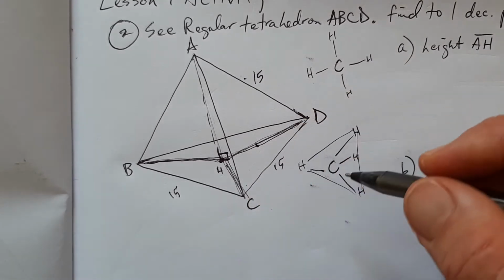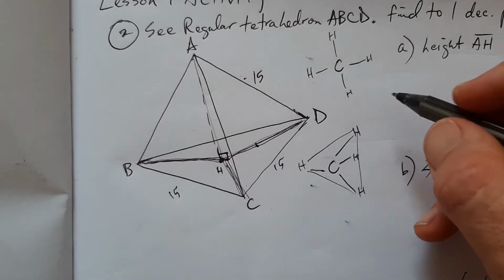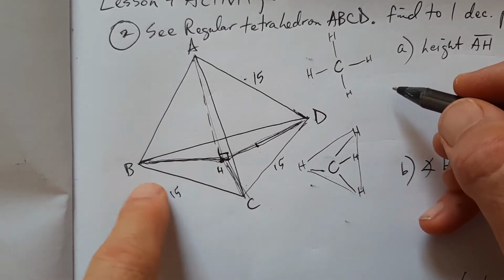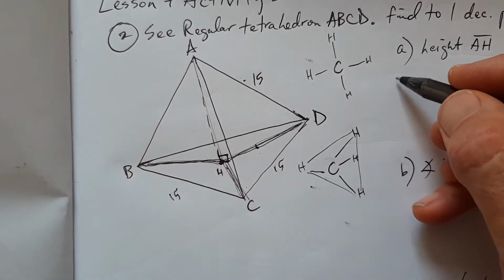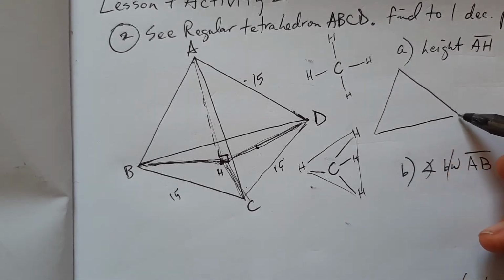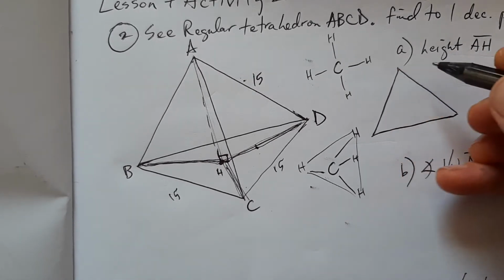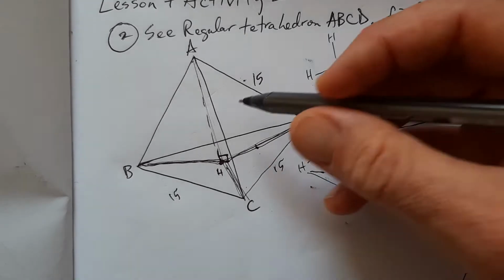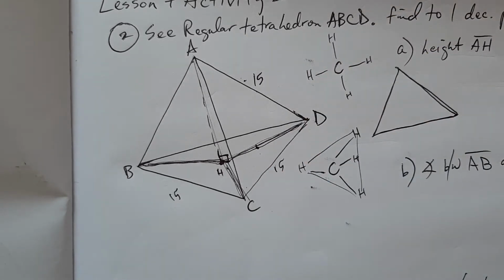These are all, so maybe I'll try to draw that bottom triangle. I'll flip up BCD. Let's flip it up and look at it. Another great thing about a tetrahedron is each face is an equilateral triangle.